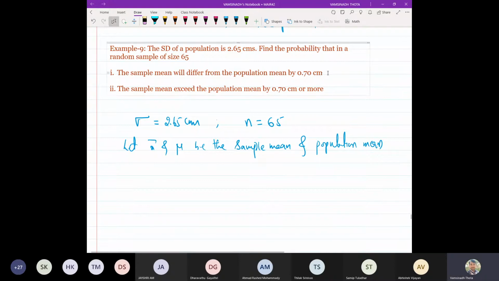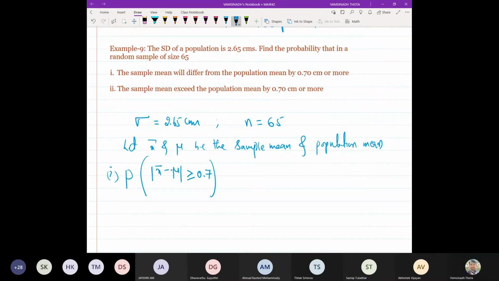That is to say, the difference between the sample mean and the population mean, x bar minus mu, is either 0.70 or more. So the difference is greater than or equal to 0.70. We need to find the probability of this set.